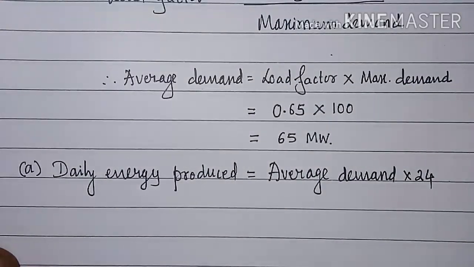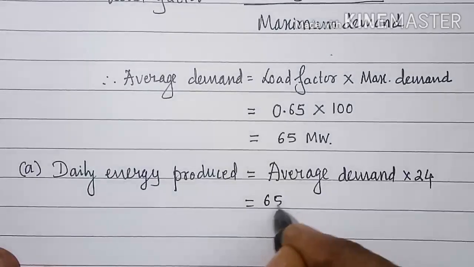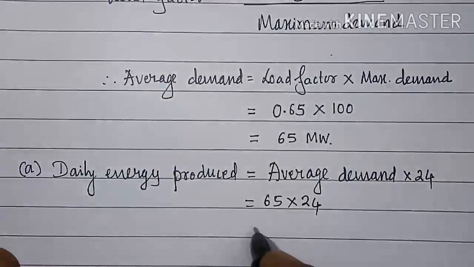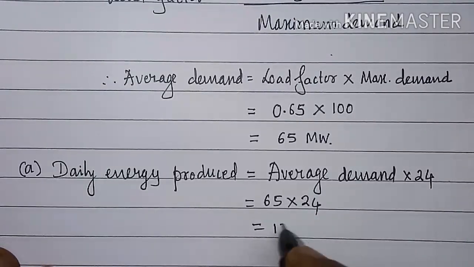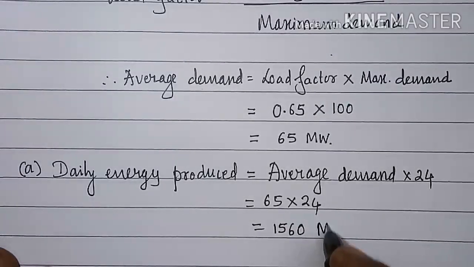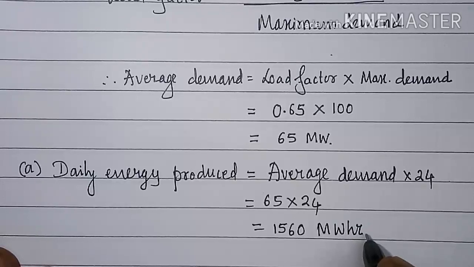That is 65 into 24 hours, which is equal to 1560 megawatt hour.